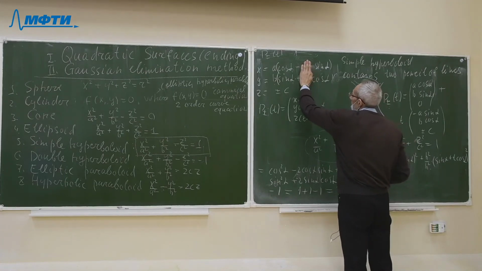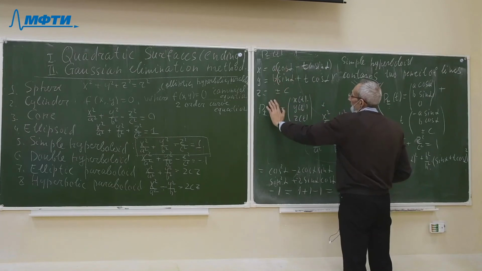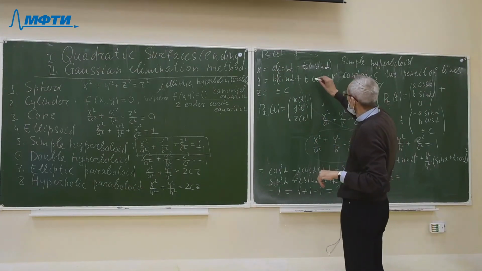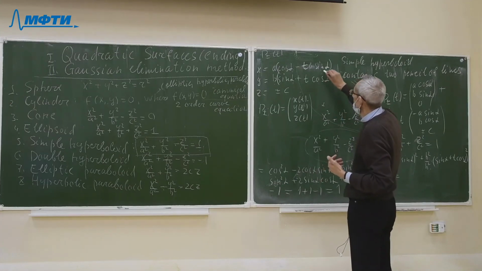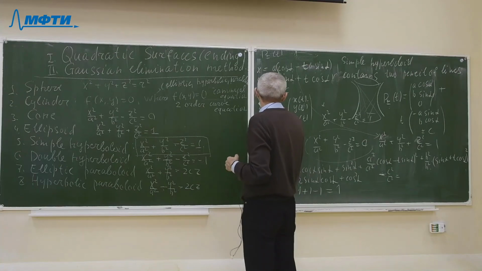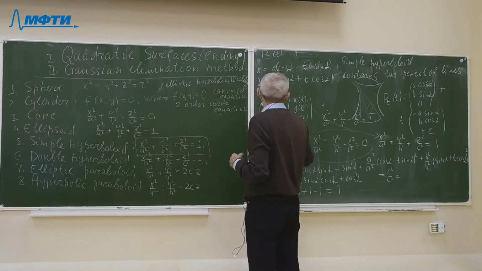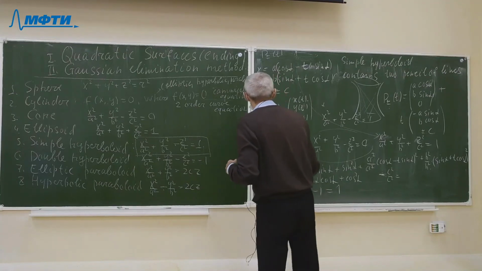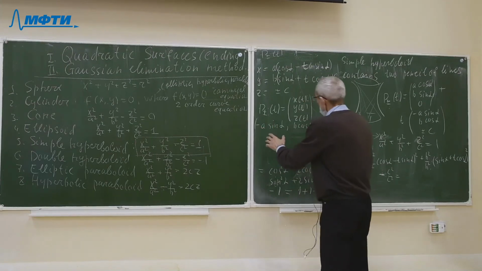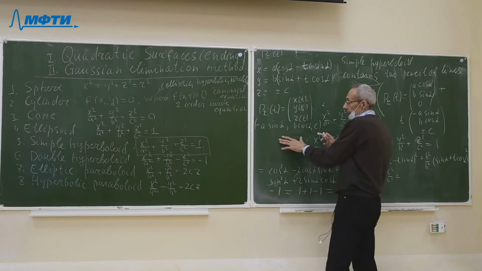If we put t equal to 0, we obtain the initial point. And we have a direction vector with coordinates minus a sine alpha, b cosine alpha, plus or minus c.